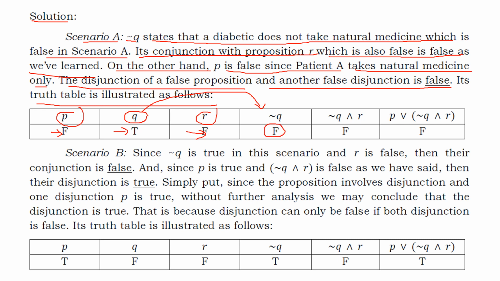Now, we're asked to get the negation of Q conjunction R. So we use this column and this R. They are both false statements. Once we apply the conjunction to two propositions where the truth values are false, it's automatic that the conjunction of these two propositions is false.